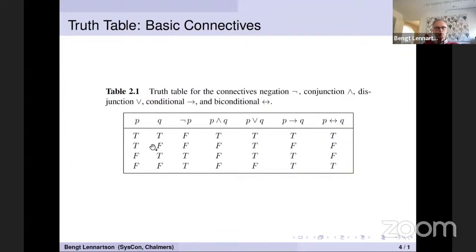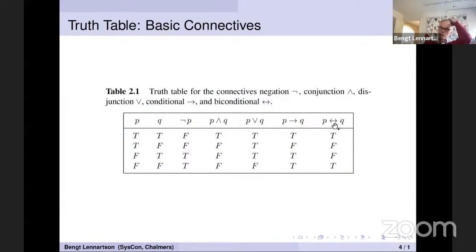And if P is true and Q is not true, then this statement is not true. While the opposite, if P is false, it does not matter what Q is, it's always true. And this is sometimes a bit surprising, but it's just to note that that is the fact.